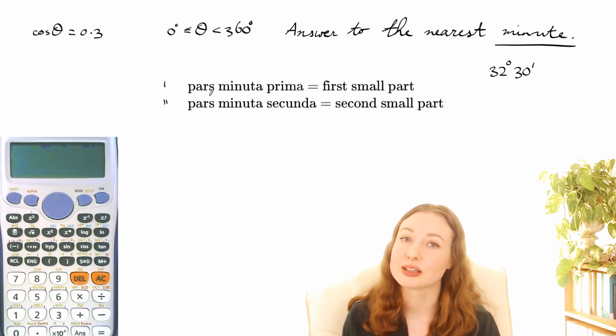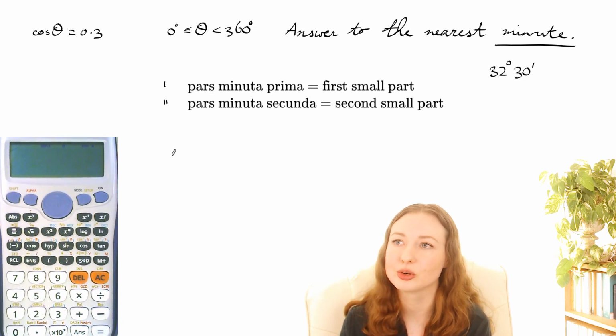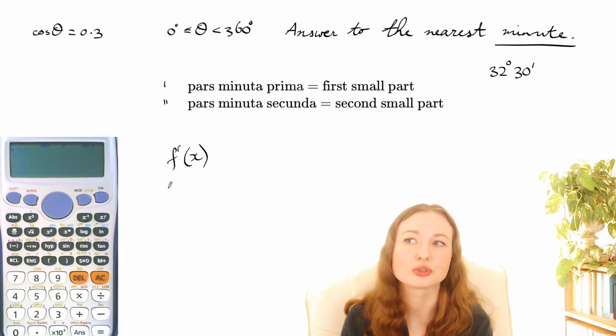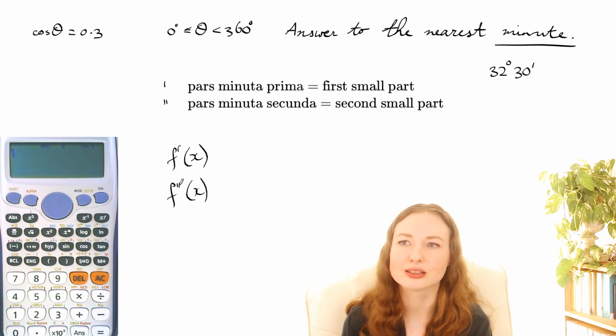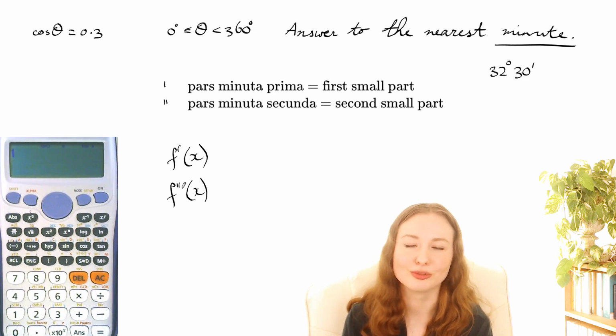You'll also see these in calculus. When you get to calculus, you'll see f prime of x meaning the first derivative, and that meaning the second derivative. Now these days we pronounce that double prime, but back when they were inventing this notation, they would have actually said f second for that, because that's literally what it is. It's like a 2 there.